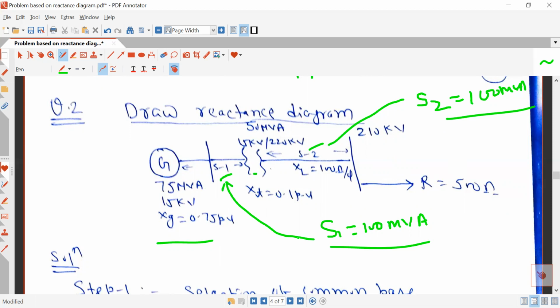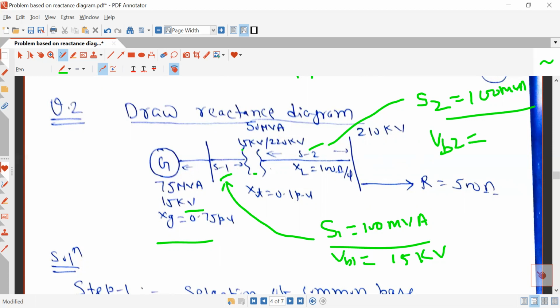Now you have to select the base value of voltage for section 1 also. If you select the base value for section 1 as 15 kilovolt, it also depends on you. You can select 11 kV, 20 kV, any base value you can select for section 1. But it is better to select 15 kV as the base value, so that you can easily know the base value for section 2 according to the turn ratio of the transformer.